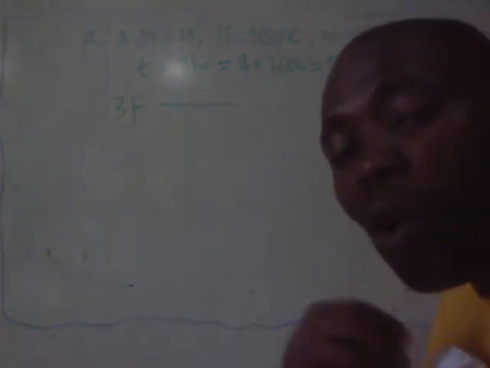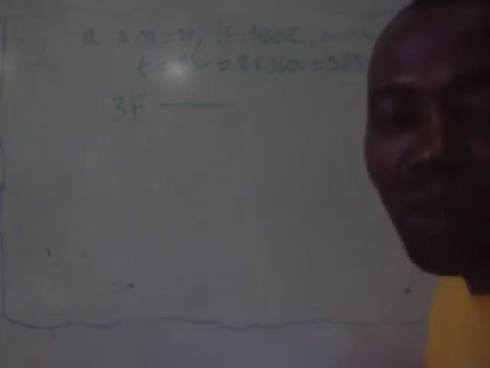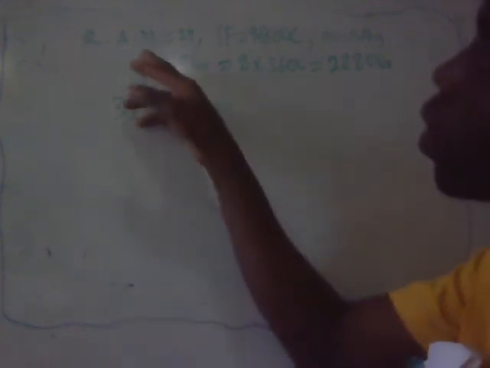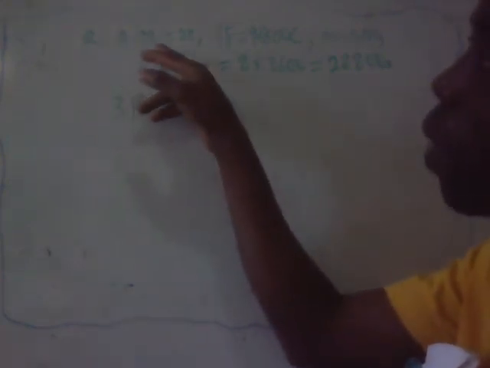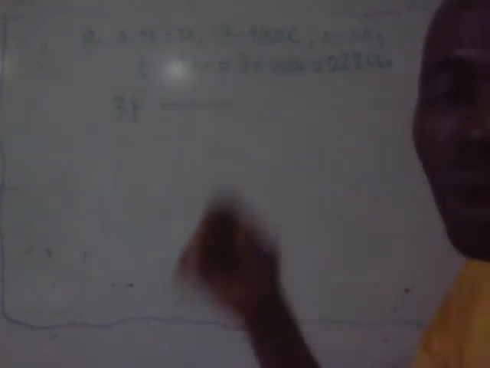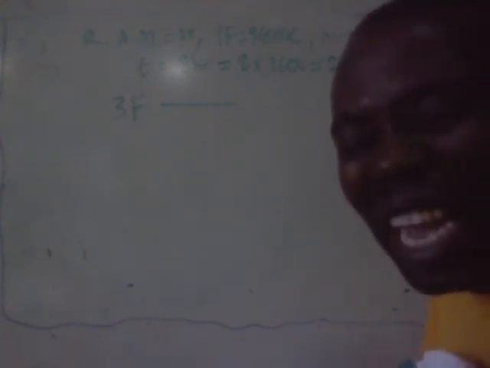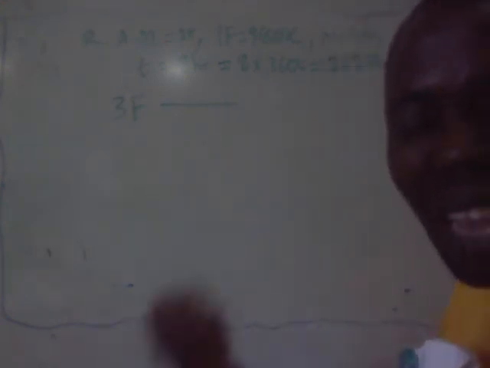1 mole of the element is its relative atomic mass, or its atomic mass if you want to put units. Relative atomic mass has no unit, as I've said. Atomic mass is gram per mole, I've told you before. So 1 mole of that element is its atomic mass.